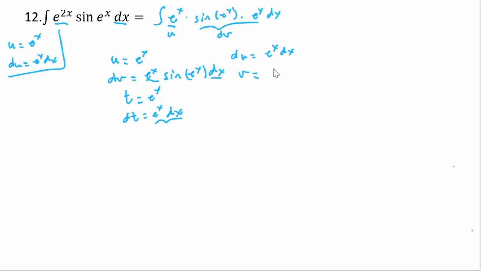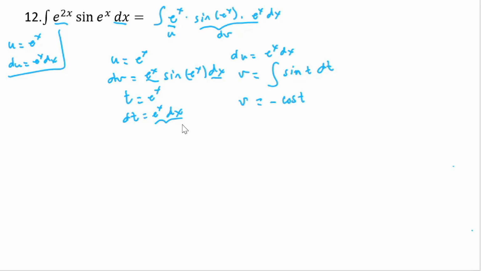Therefore, we can write v is equal to the integral of sine of e raised to x, so I can write sine of t because e raised to x is t, and then the e raised to x dx, which means dt. So it looks simpler to integrate. Our v now is the integral of sine t dt, which is negative cosine of t. So that is our v.